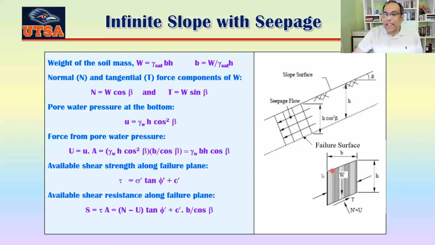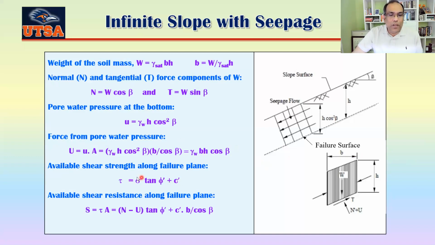So this length here is actually B divided by cosine beta, because this is B, okay? So you find out your force from the pore water at the bottom of the slice. Now you can see the available shear strength along the failure plane, that would be sigma prime tan phi prime plus C prime.